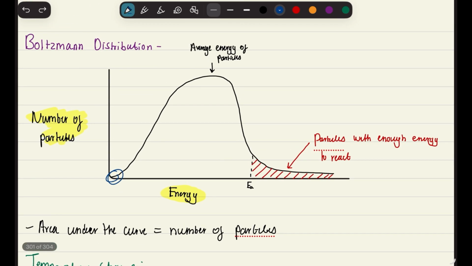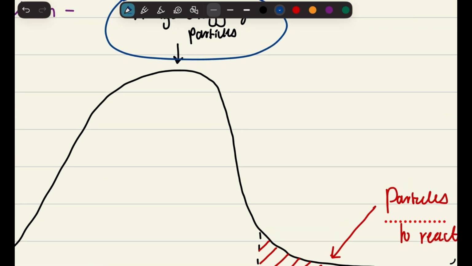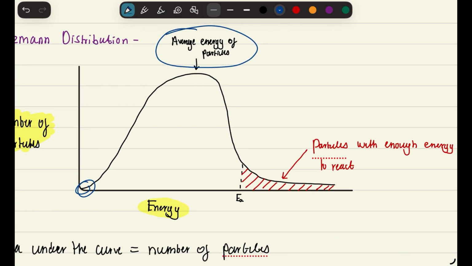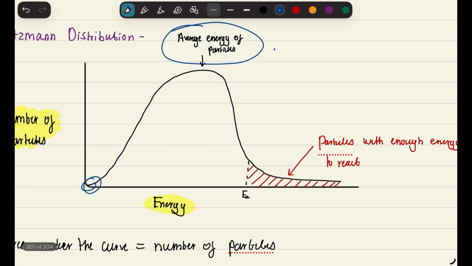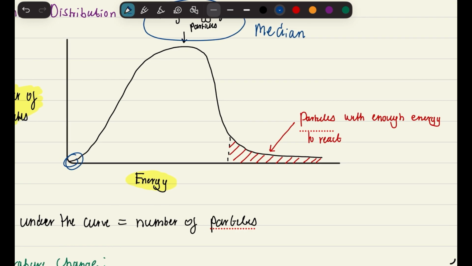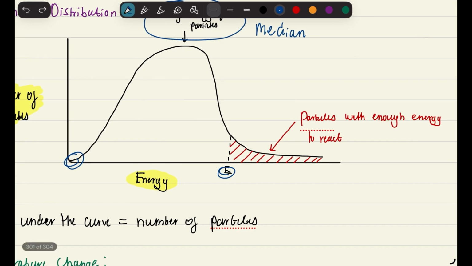Now, up here, a bit less examined, but you can see this is where we have the most particles. So this must be the average energy of your particles, or code word, your median. Another important thing to say is here, we've got the activation energy, and all the particles that have above the activation energy can react.